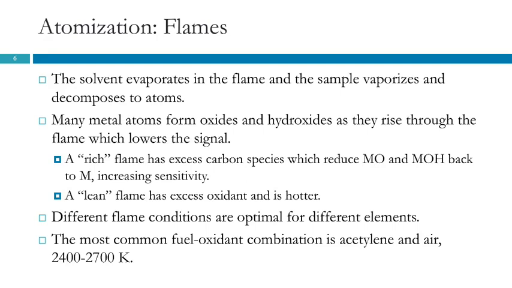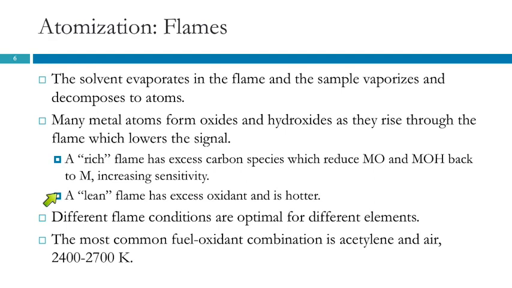That can be overcome by messing around with the flame. If we have what's called a rich flame, that has a lot of fuel in it, as opposed to the oxidant, the excess of carbon species will help to reduce the oxides and the hydroxides back to the metallic atoms, and that will improve the sensitivity.